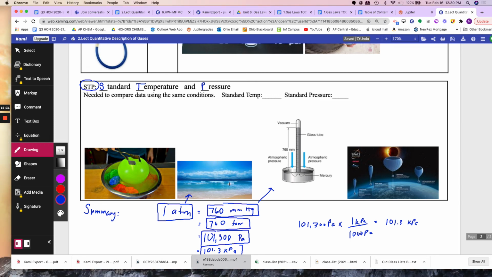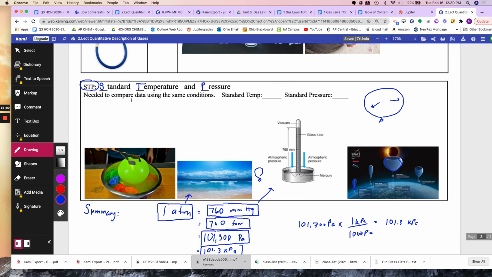If you are at sea level, the balloon will be a certain size, right? As you climb up to space, there's less air on the outside of the balloon, and there's more pressure inside, and the balloon expands. As you can see, this balloon is bigger than when it was lower, closer to the earth. So therefore, you have to make sure the pressures are normalized, okay?